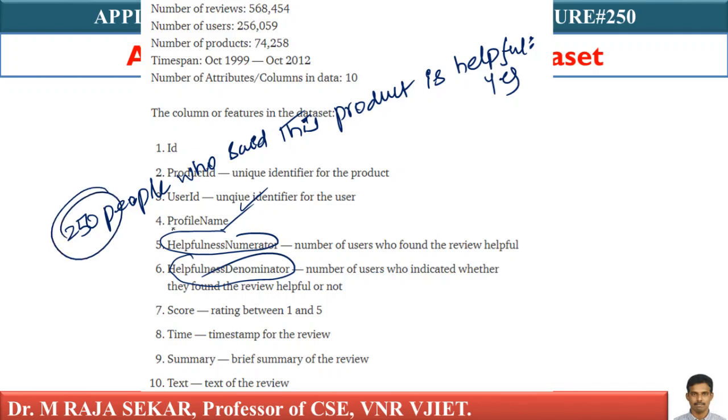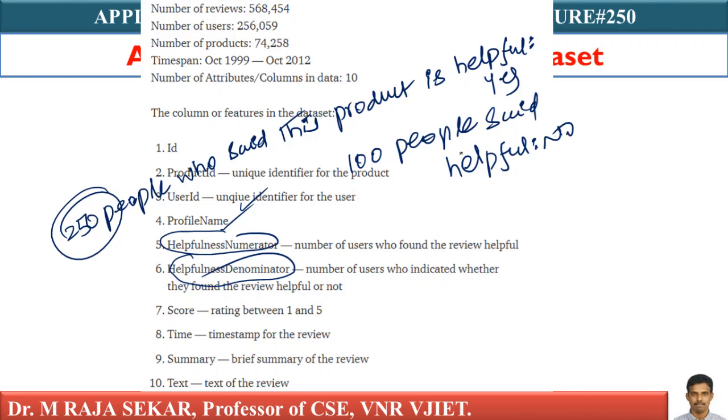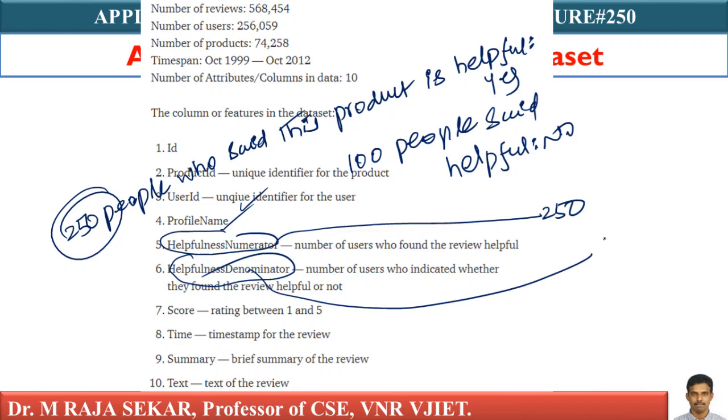Let's assume 100 people said no, not helpful. Then my helpfulness numerator is 250, and my helpfulness denominator is 250 plus 100.